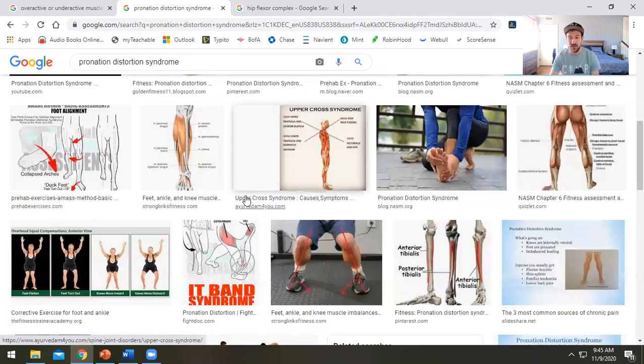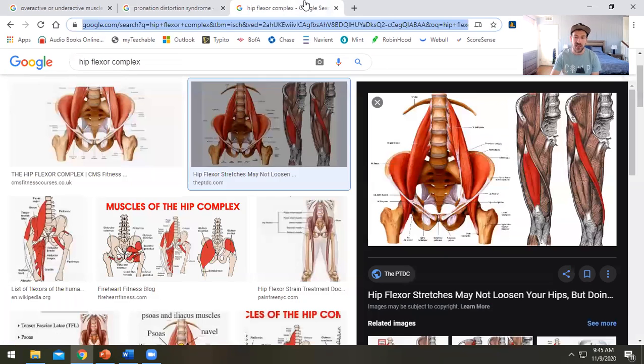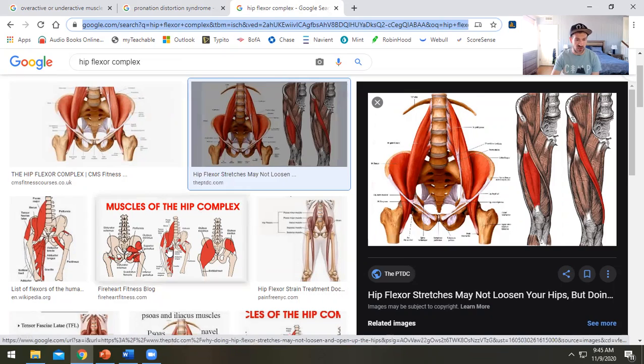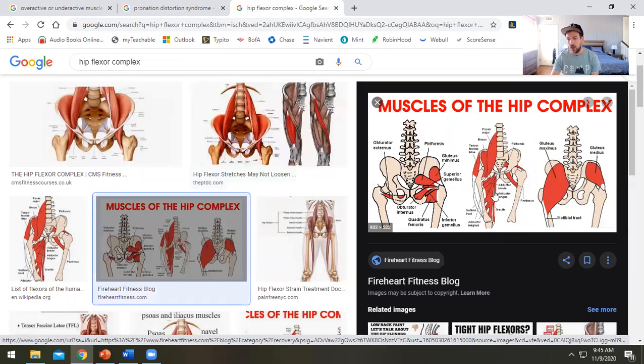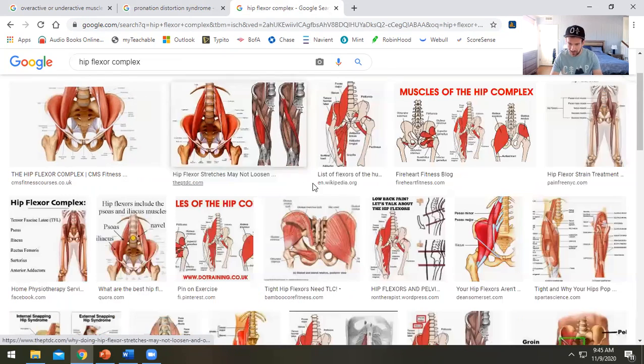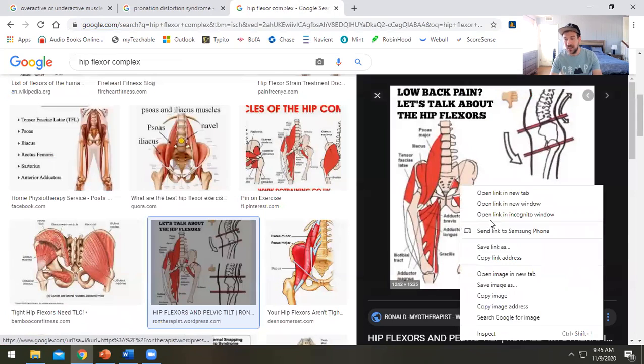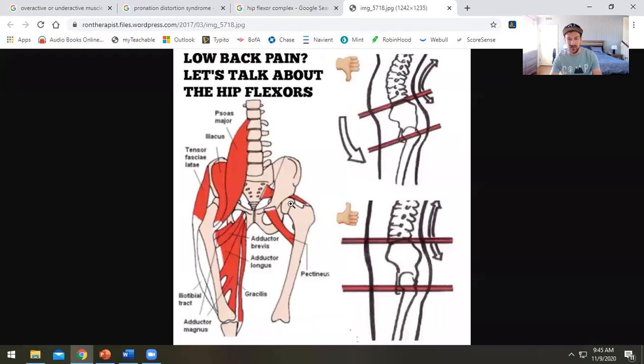The hip is experiencing this internally. So which hip flexor is responsible for that internal rotation? Well, it's going to be this. Hold on. I pulled up the wrong picture. There we go. It's going to be this one right here, right?